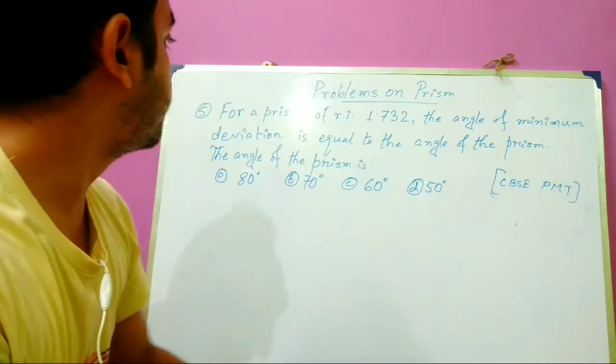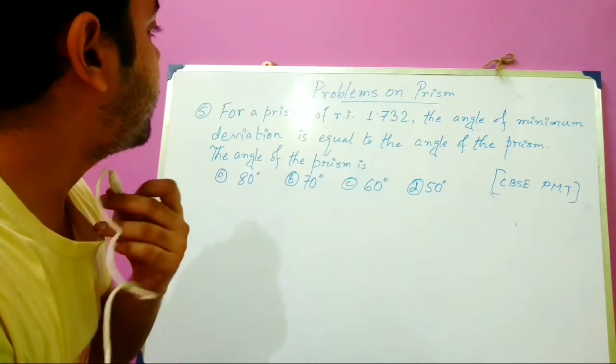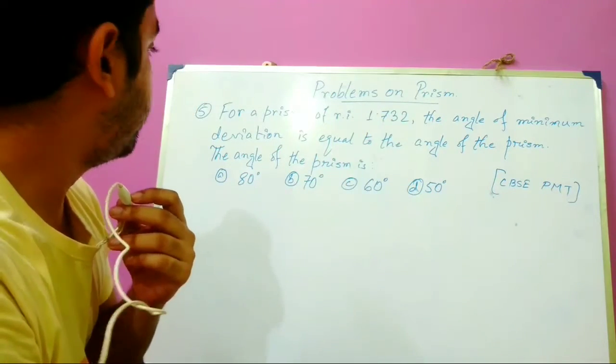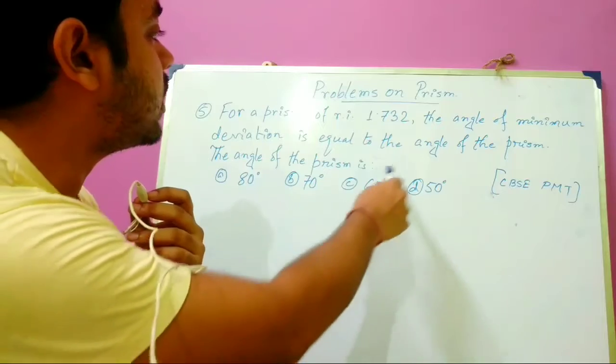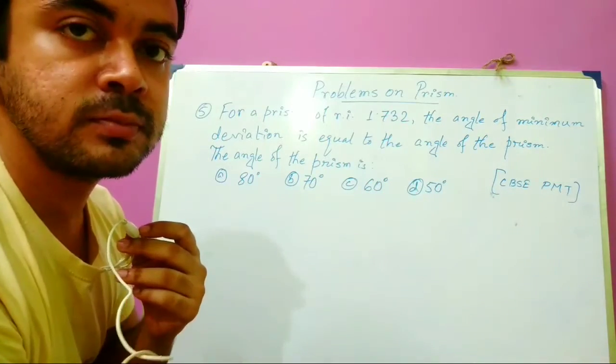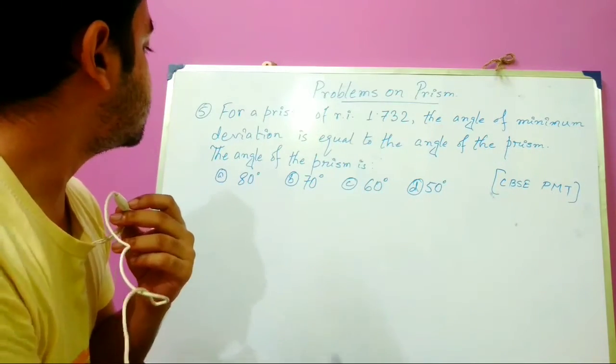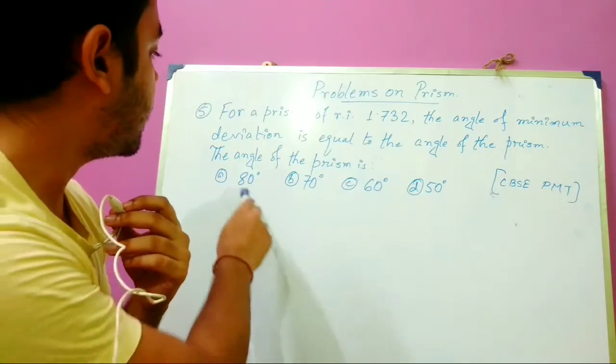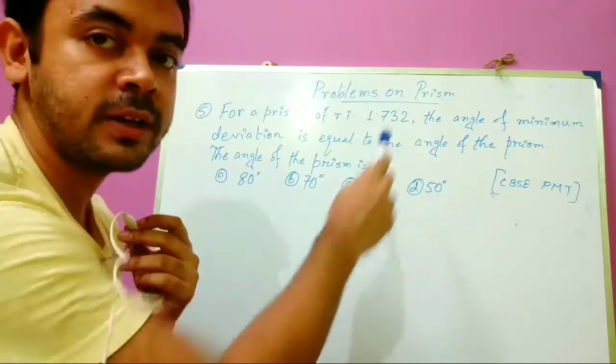Question number 5. For a prism of refractive index 1.732, the angle of minimum deviation is equal to the angle of the prism. Find the angle of the prism. 4 options are given: 80 degree, 70 degree, 60 degree, 50 degree.